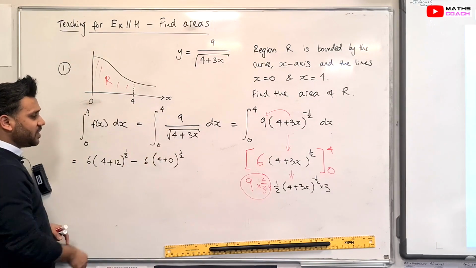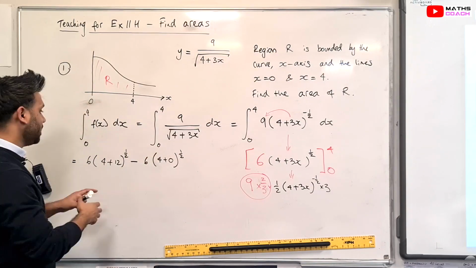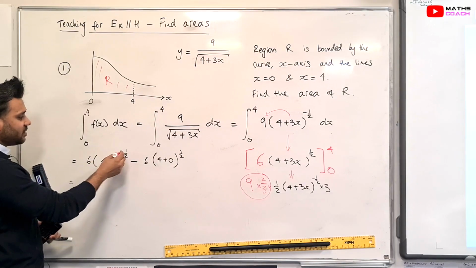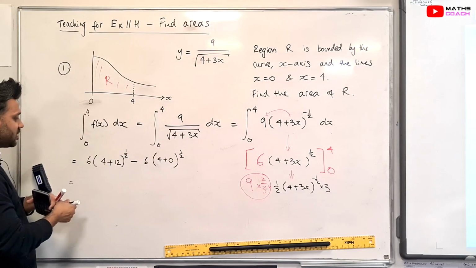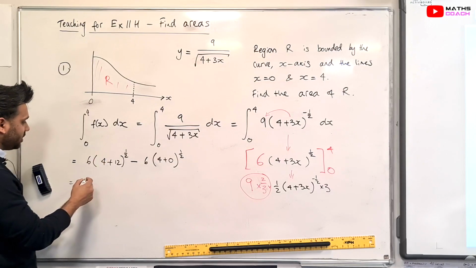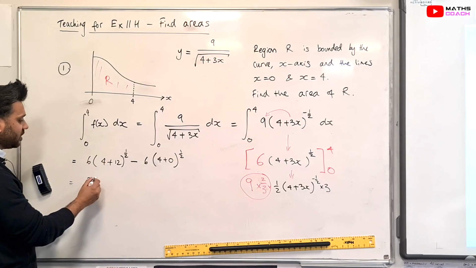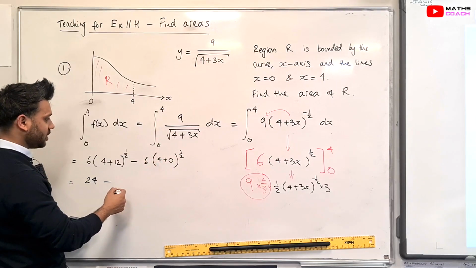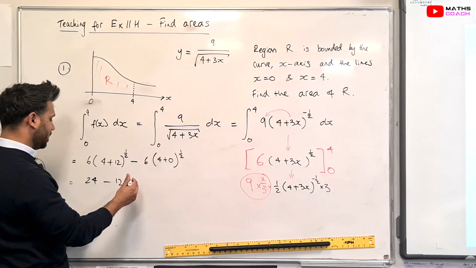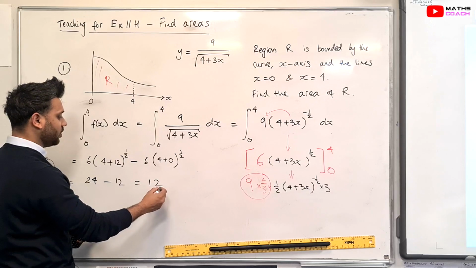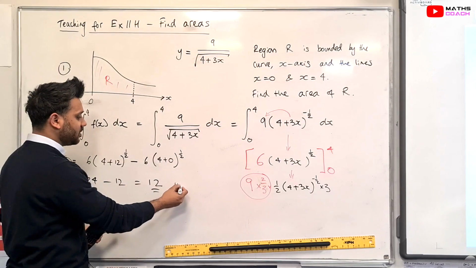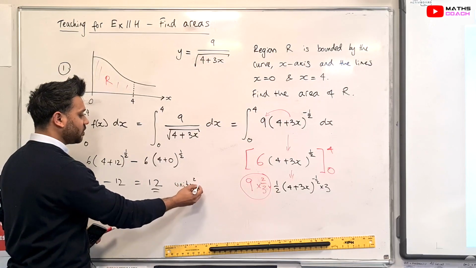As 4 plus 12 is 16, 16 to the power of a half, root 16 is 4, and 6 times 4 is 24, minus square root of 4 is 2, 6 times 2 is 12, and 24 minus 12 is 12. So the area of region R is equal to 12 units squared.